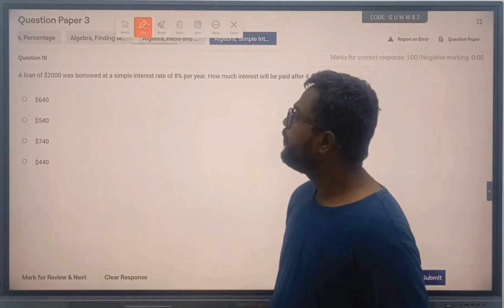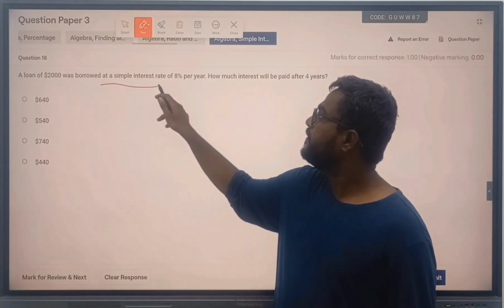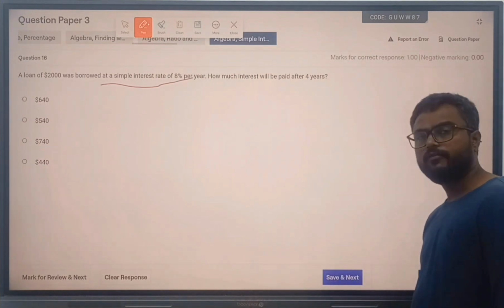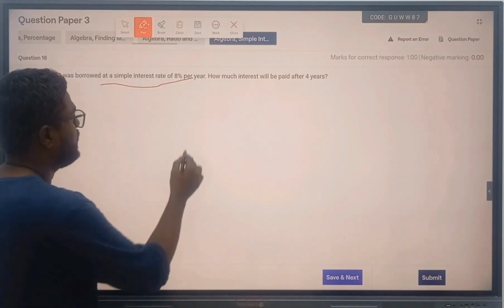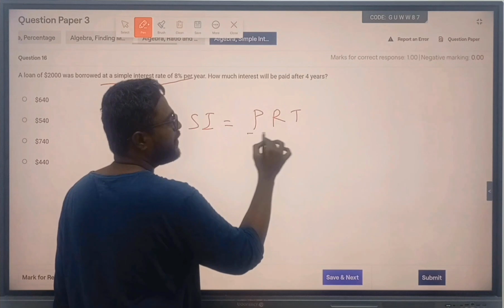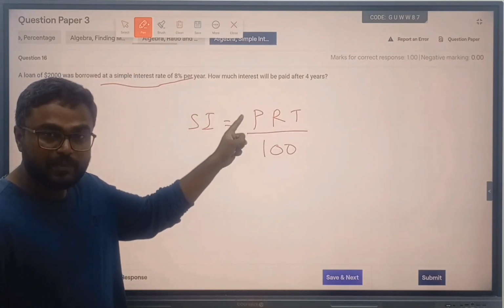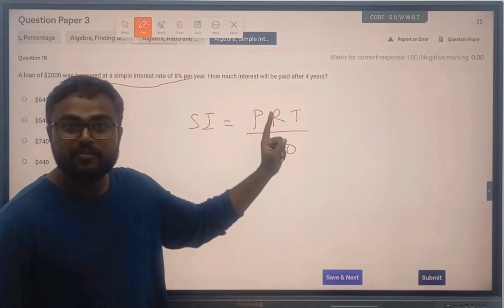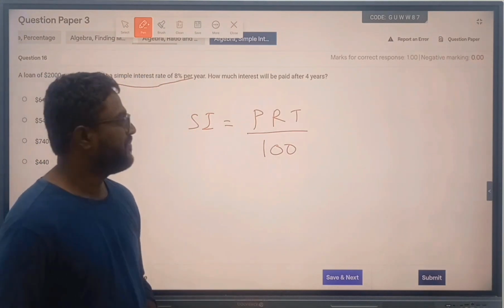A loan of $2,000 was borrowed at a simple interest rate of 8% per year. How much interest will be paid after 4 years? Now, guys, you need to remember one thing. The formula for simple interest, SI, is PRT over 100, where P is the principal amount, R is the rate, T is the time period in years for which the loan was taken, and 100 is just 100.